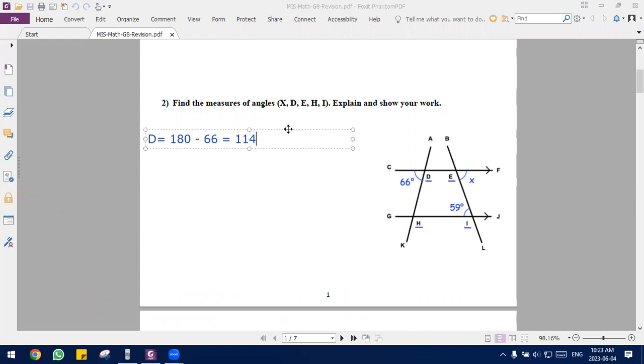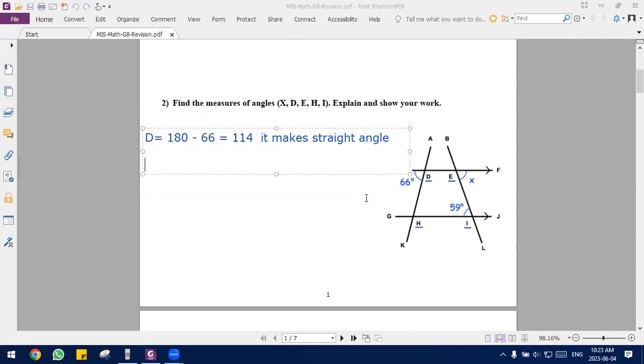Now we need to write the explanation. Just a short explanation, we can say that it makes a straight angle, because the angle D and the angle 66 create a straight angle, which is 180.